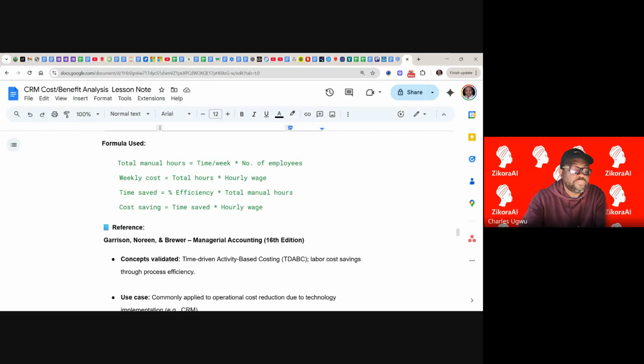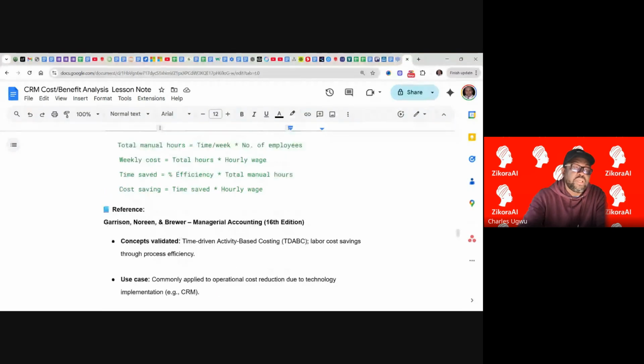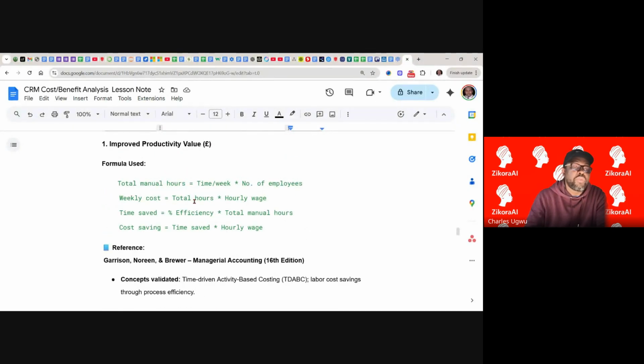Here we have the use case: commonly applied to operational cost reduction due to technology implementation, for example CRM. It captures this formula as well.